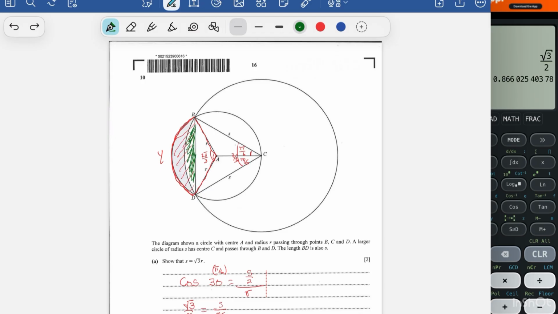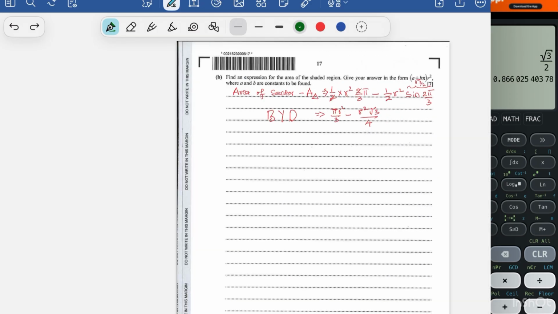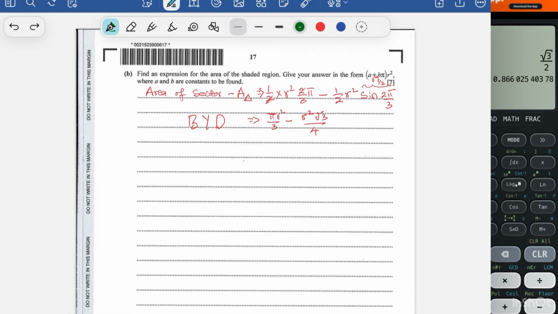Okay, so how do I find the green section? This was the thing I was saying earlier. So again, area of sector minus area of triangle for the bigger circle.